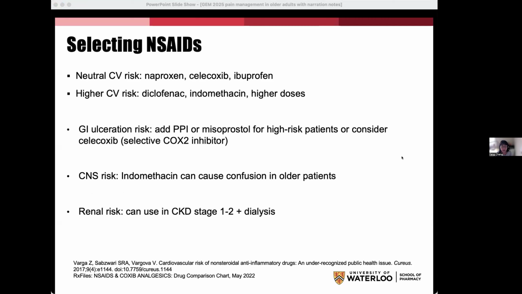If the person has a high GI ulceration risk, then you want to be looking at either adding on a PPI or using a selective COX-2 inhibitor like celecoxib, which is a little bit safer. And just keep in mind the other side effects will be the same in terms of risk. And if you're using PPIs, long-term use can also lead to other things like dropping magnesium and osteoporosis.